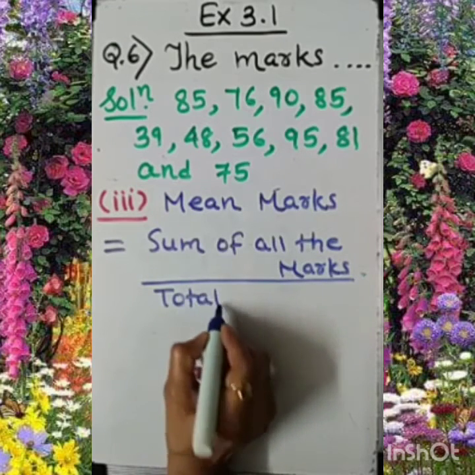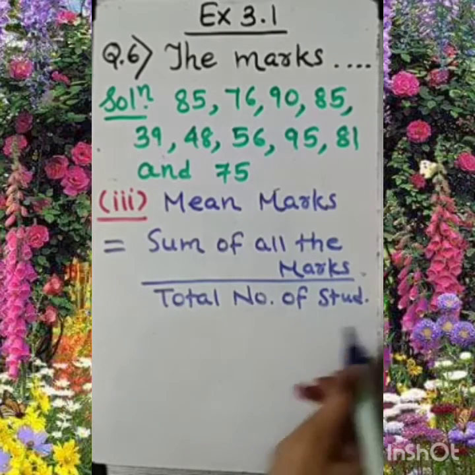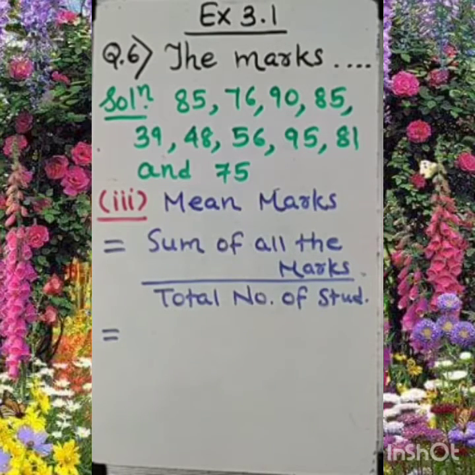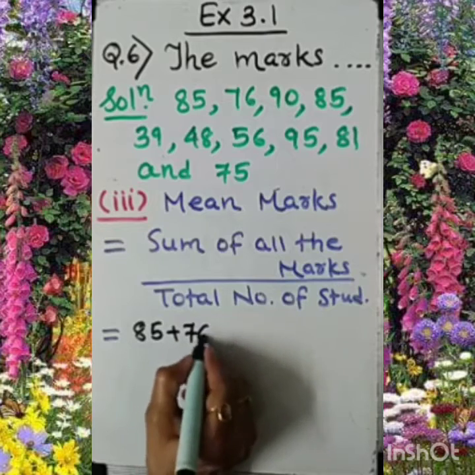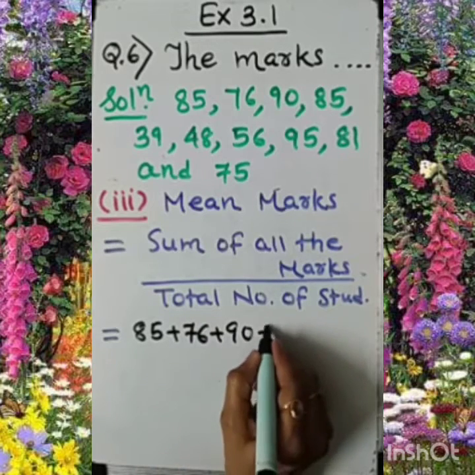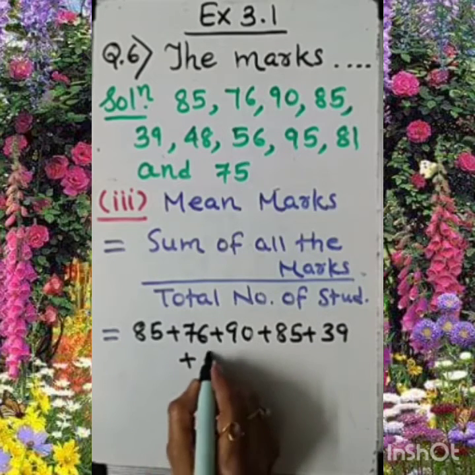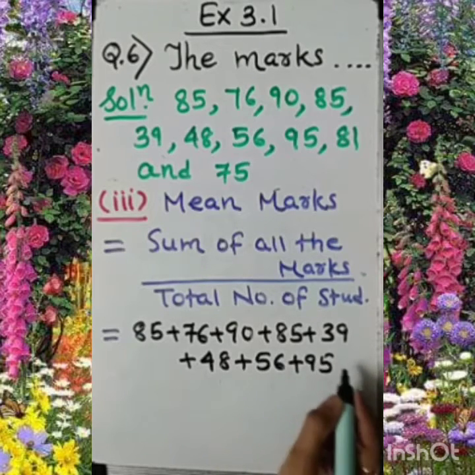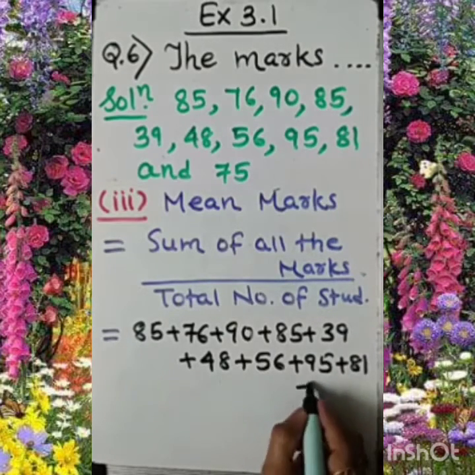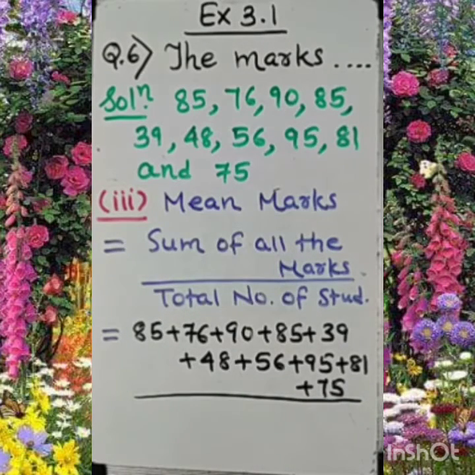So the sum of the marks will be 85 plus 76 plus 90 plus 85 plus 39 plus 48 plus 56 plus 95 plus 81 plus 75.